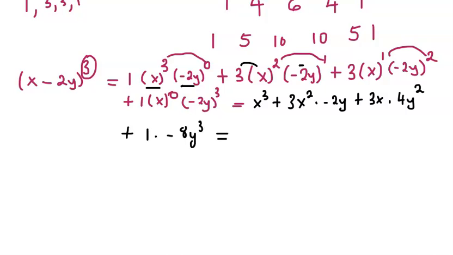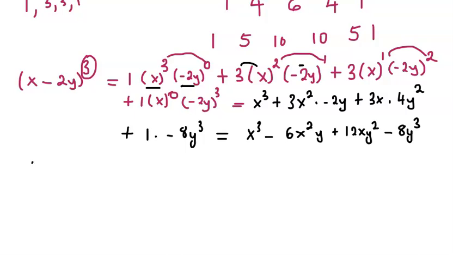Simplifying this gives us x to the power of 3, then minus 6x squared y, then plus 12xy squared, then minus 8y cubed.